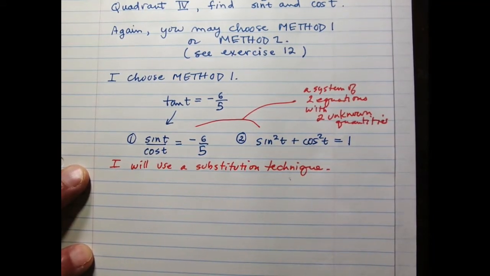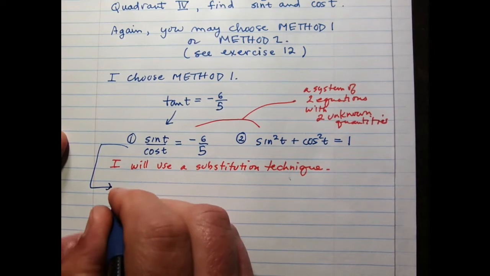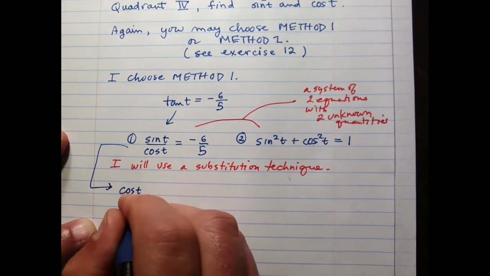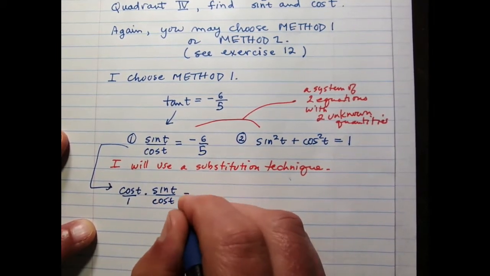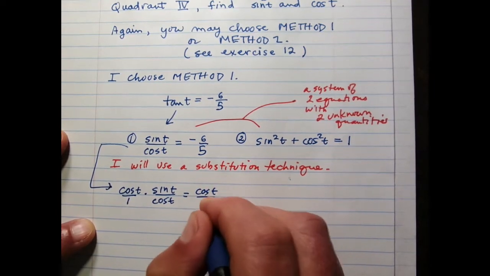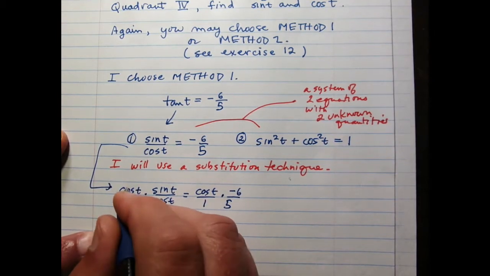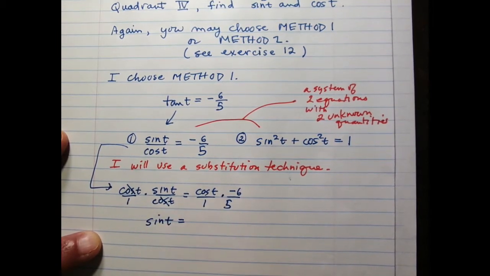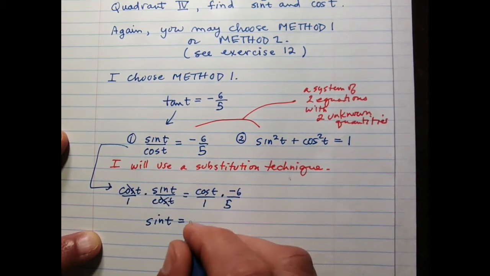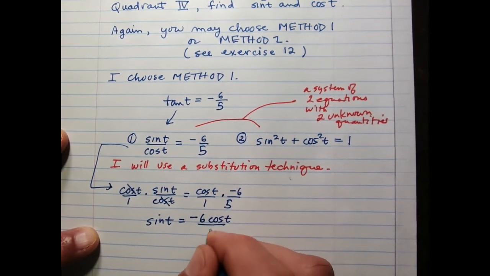So what I'm going to do is take this first equation and multiply both sides by cosine t, or cosine t over 1 if you want. Cosine t over 1 times -6/5. So I'm multiplying both sides by the same thing, canceling cosine t on the left side. On the right, I can write this as -6 cosine t over 5.